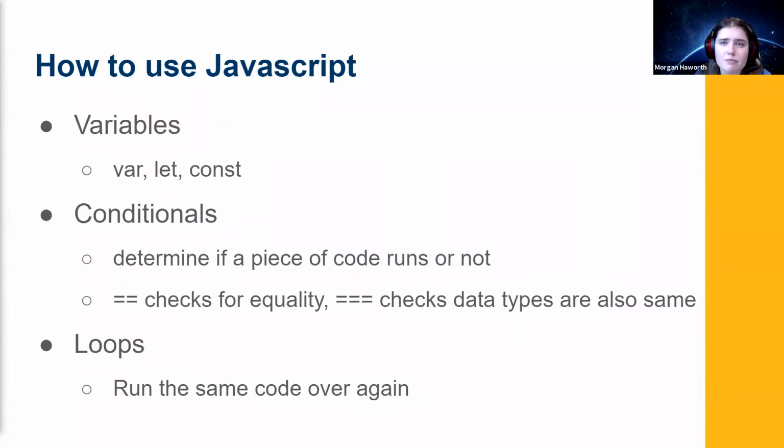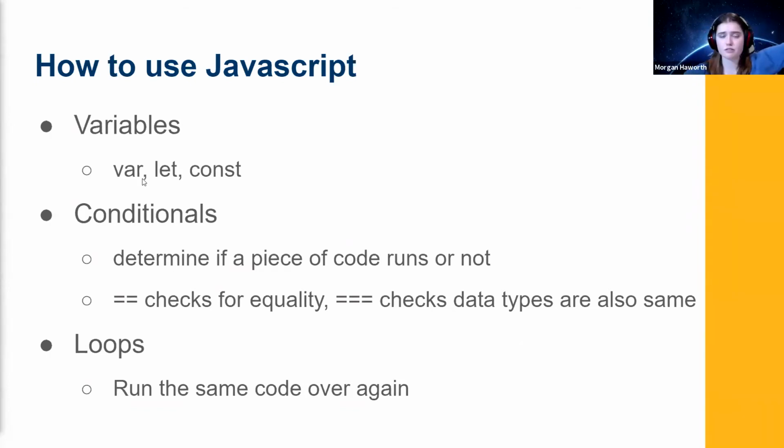So variables can be created using the var keyword. That first option, var, is a little older, but it's still used. It's more of making a general variable. Let is another way to create a variable, but the let keyword is used when you are creating a variable that's going to be used in just a specific region.